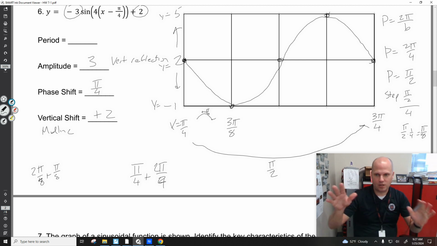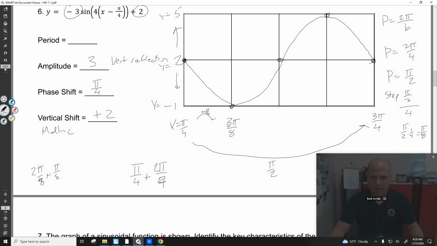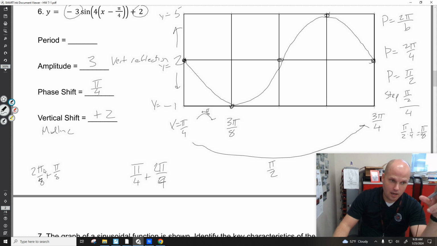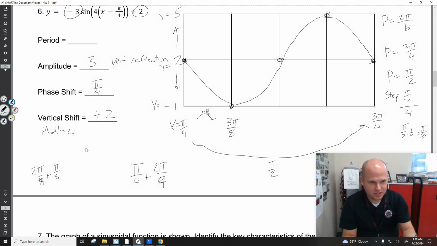Don't believe me? Watch. We're going to go in. We could plug in 3 pi over 8. Subtract pi over 4. That'll give me pi over 4. Multiply it by 4 will give me pi. I don't want that. Hold on. Let's just watch. 3 pi over 8 I'm going to plug in here.